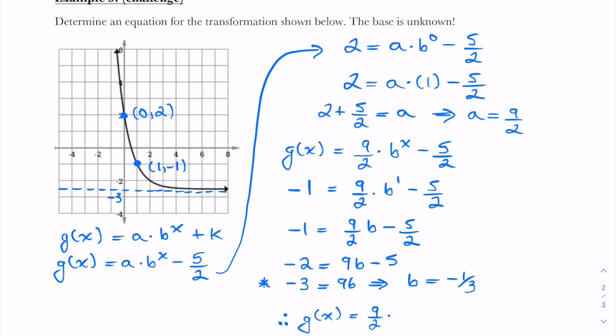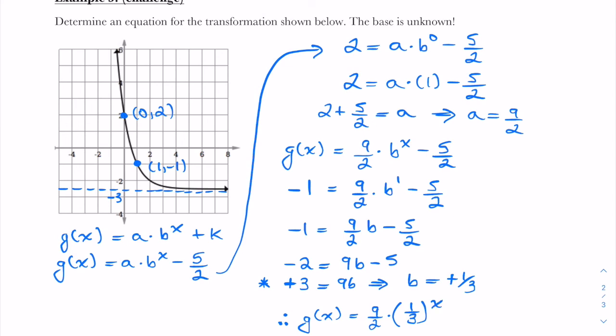When I do negative 2 plus 5, I get positive 3. And then positive 3 over positive 9 is positive a third. And that should make sense because I did tell you that you should never have a negative base, and that's why I had to stop in the middle of this video to realize I made a mistake somewhere. So good, everything works out. So our base is positive a third.